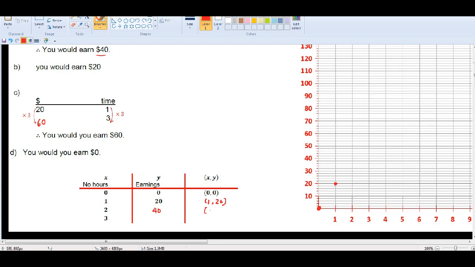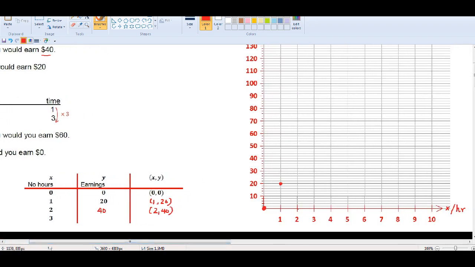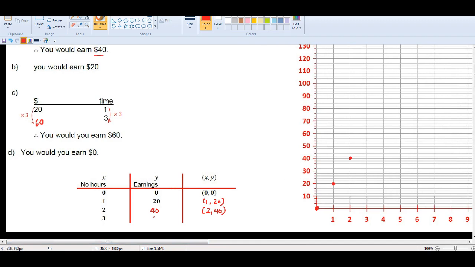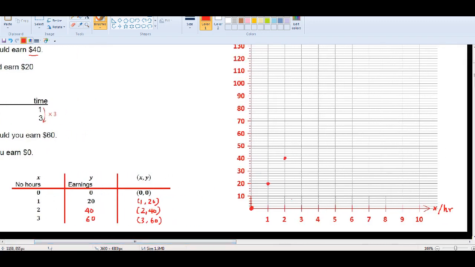So it would be (2, 40). Okay, so let's find the point over here. You got (2, 40), it should be here. Last one, 3, that'll be 60. So you got another point.